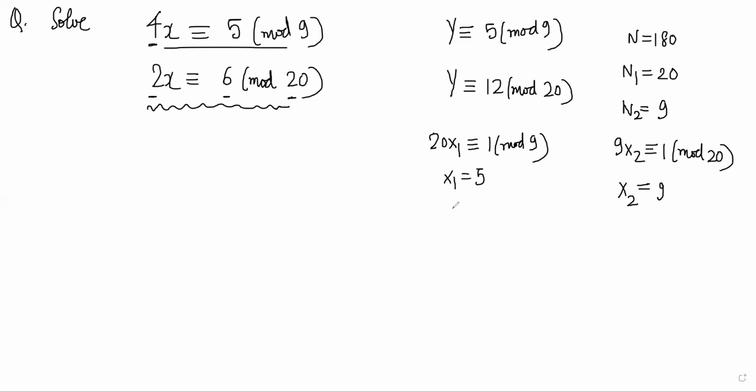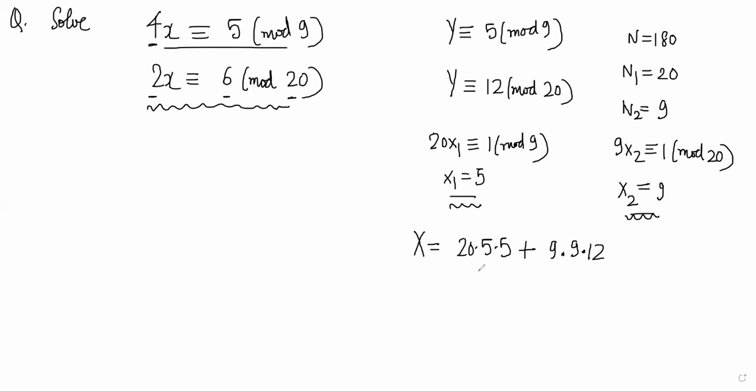Y is 32. Then divide by 4 is 8, right? Capital X should be, you got x1 is 5 and x2 is 9, right? So it will be 20 into 5 into 5 plus 9 into 9 into 12.